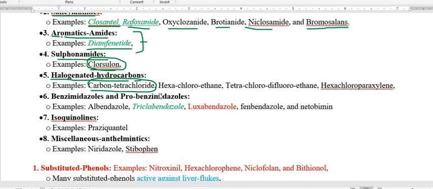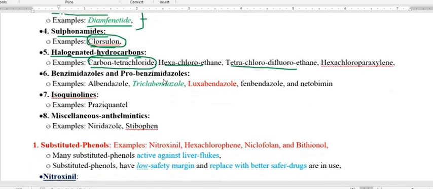Other than that, under the halogenated hydrocarbons, meaning hydrocarbons that are halogenated, are hexachloroethane, then tetrachlorodifluoroethane, then hexachloroparaxylene. So these are all halogenated hydrocarbons.